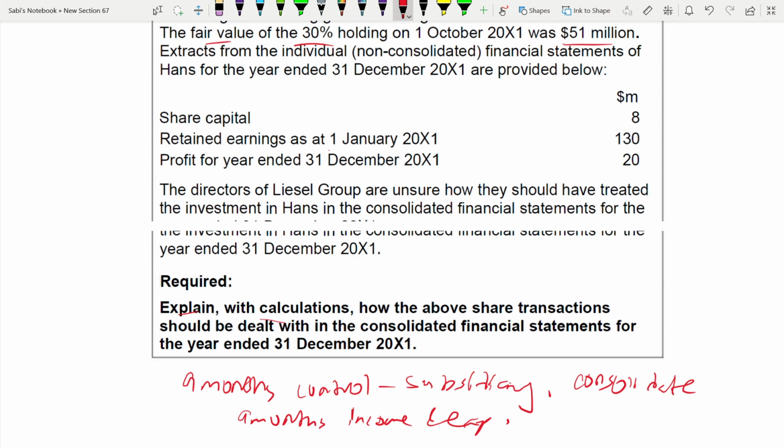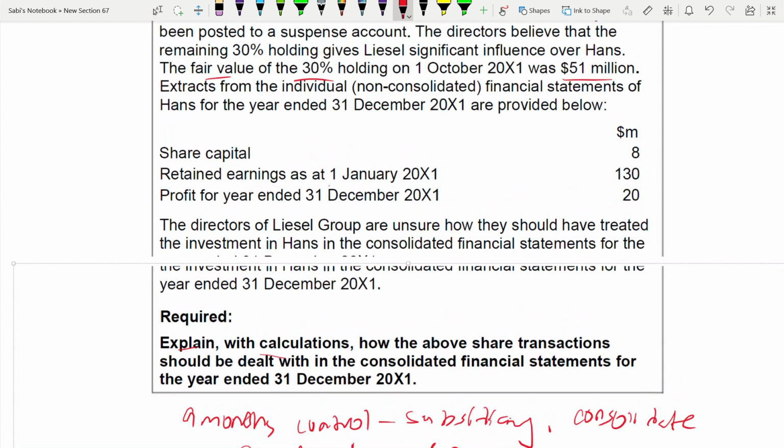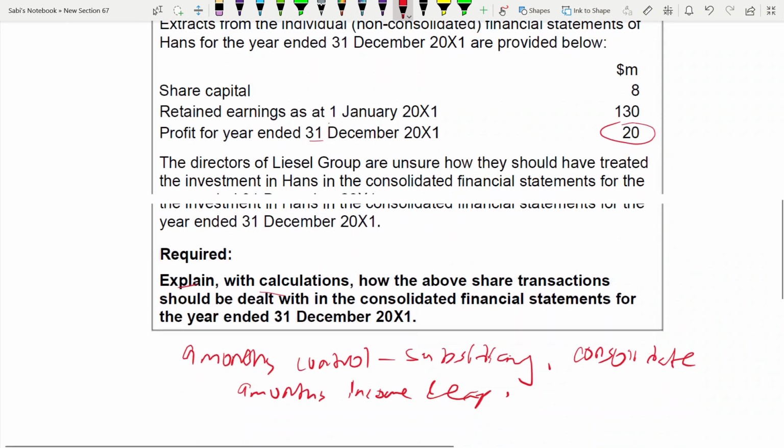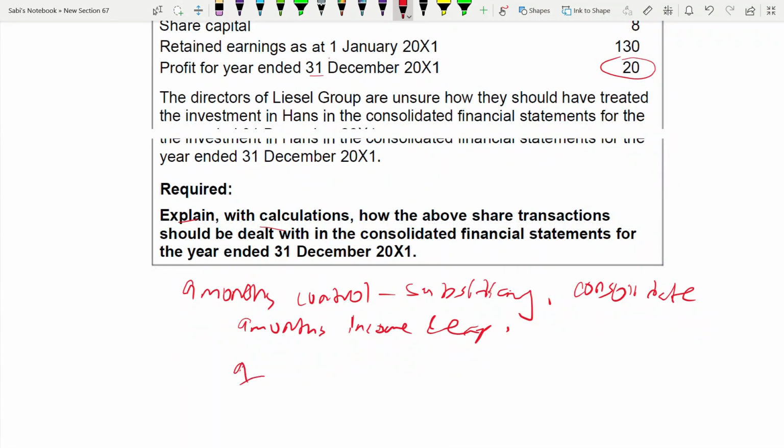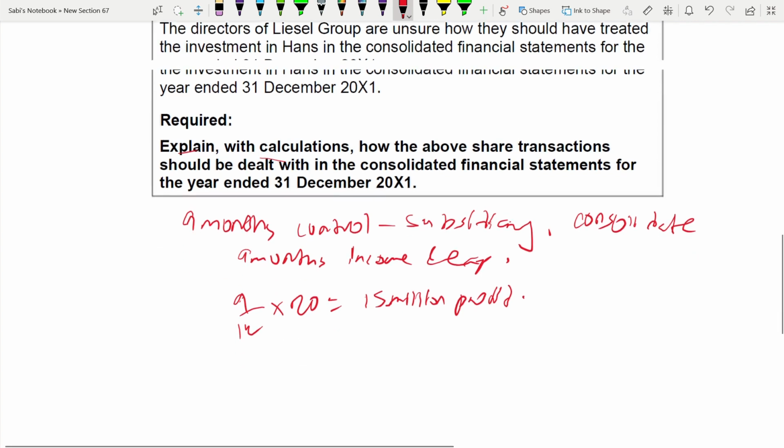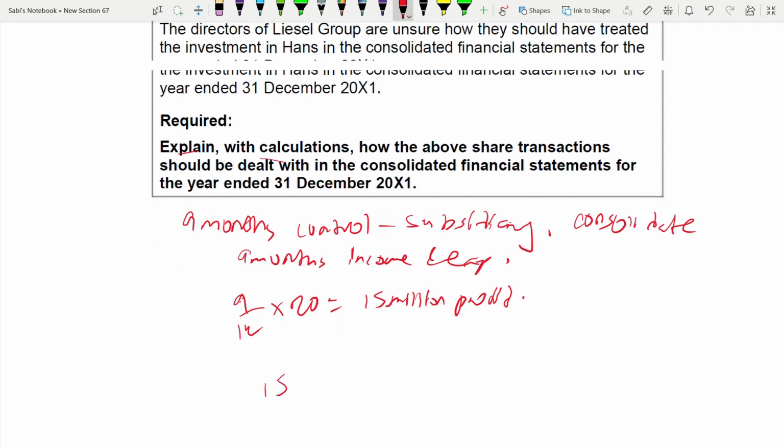So what would be the impact on the consolidated profit? See, profit is 20. It is till 31st December. For 1 year they have given, you only have to take for 9 months. So 9 months into 20, which will be 15 million. This is the consolidated profit. And remember, out of this 15 million, how much did you acquire the first time? 70%.